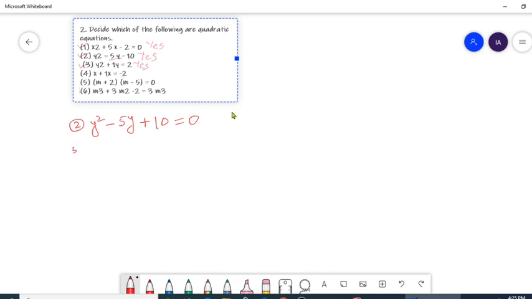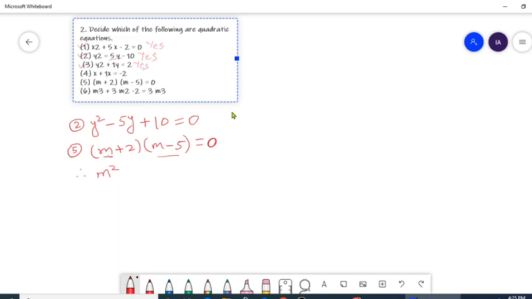This question number 5 is m plus 2 times m minus 5, minus 1 times m minus 5, equals 0. We can simplify this equation to verify whether it is a quadratic equation or not. So I can multiply this bracket with this m. So this m will give me m square.